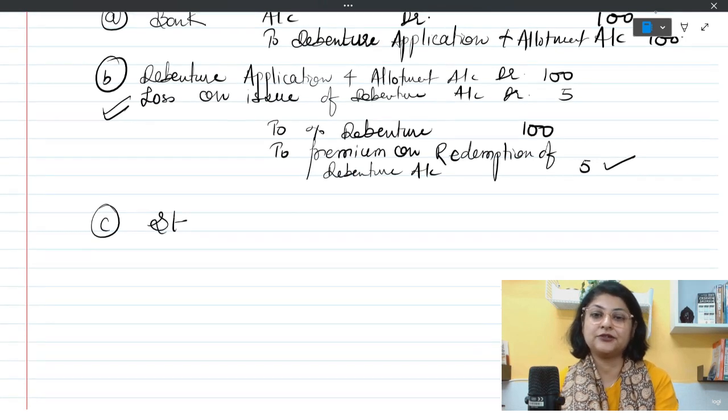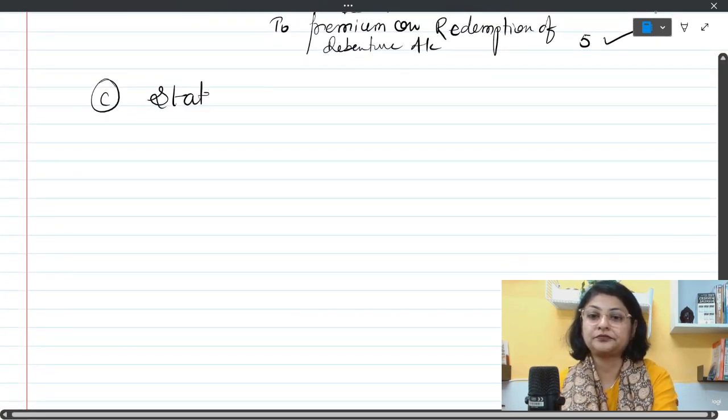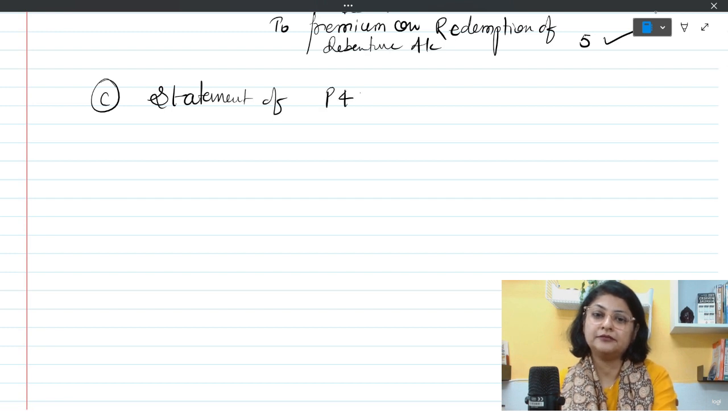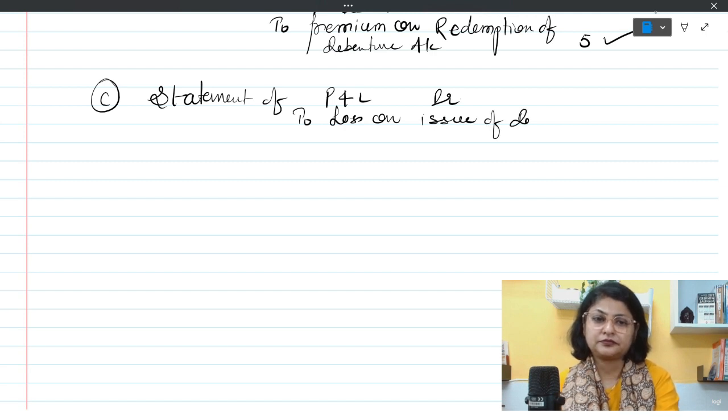The entry for this is going to be statement of P&L debit to loss on issue of debenture, and this 5 rupees will be written off from here.